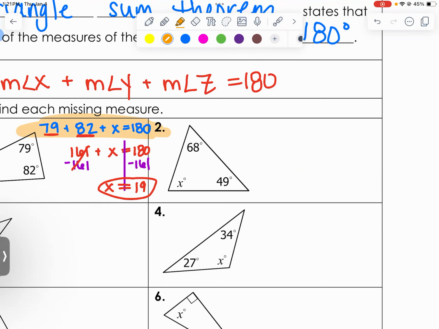Ready, set, go. Number 2, write the equation just like in number 1 that I highlighted in orange.